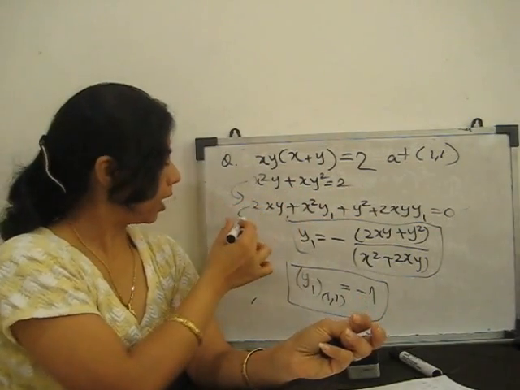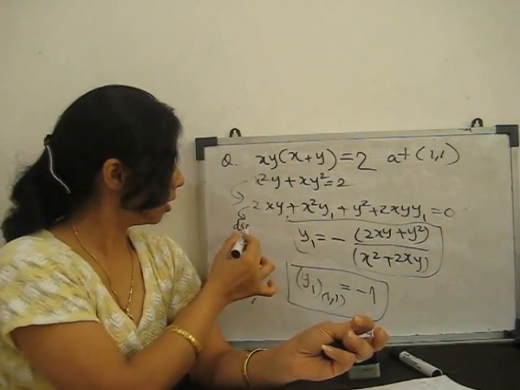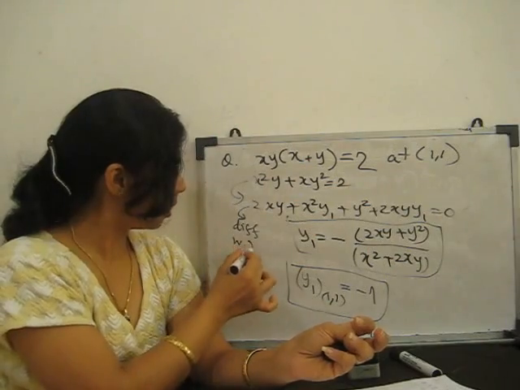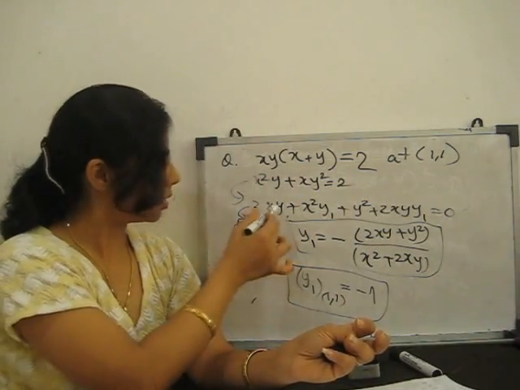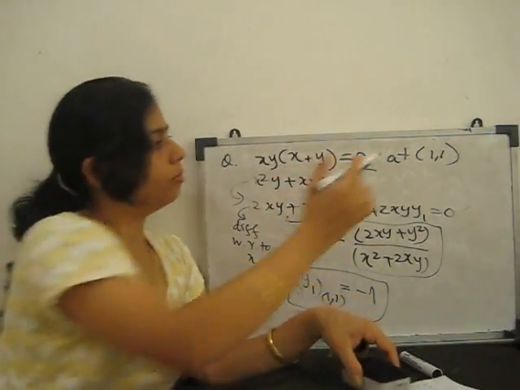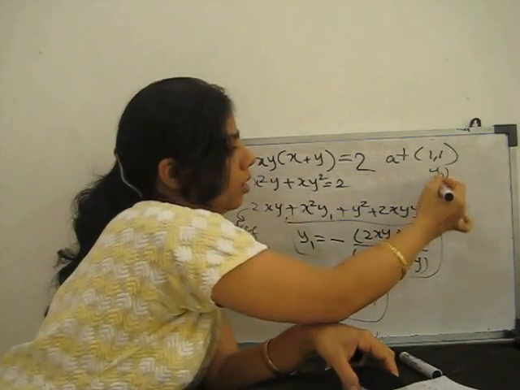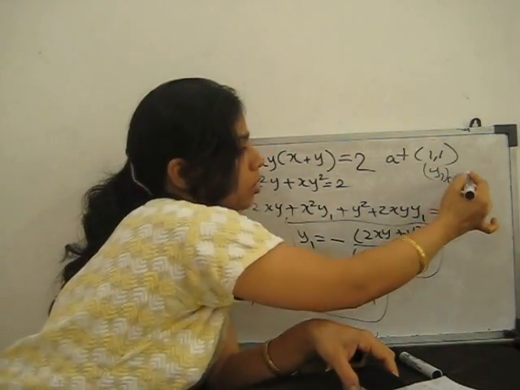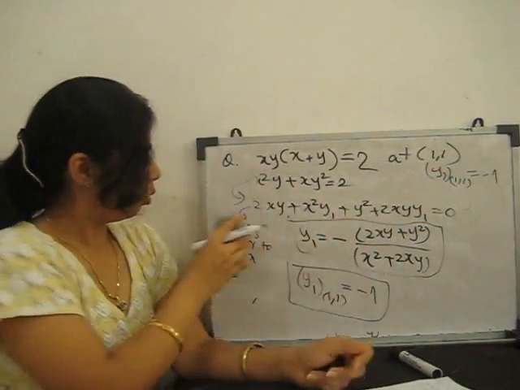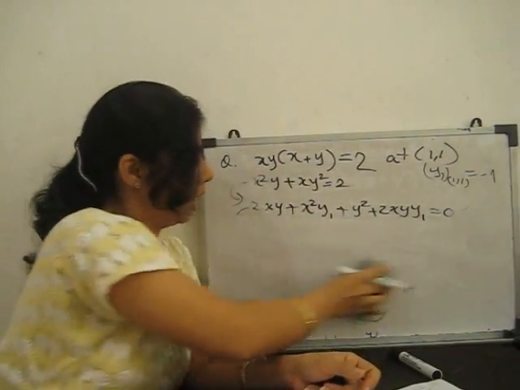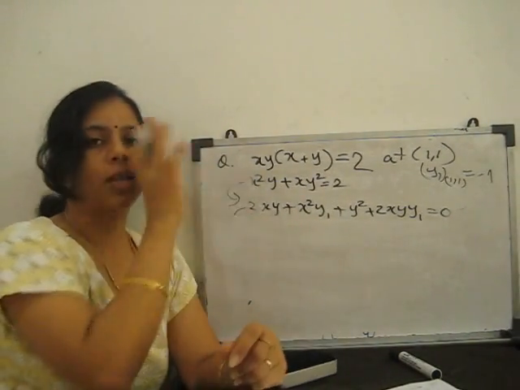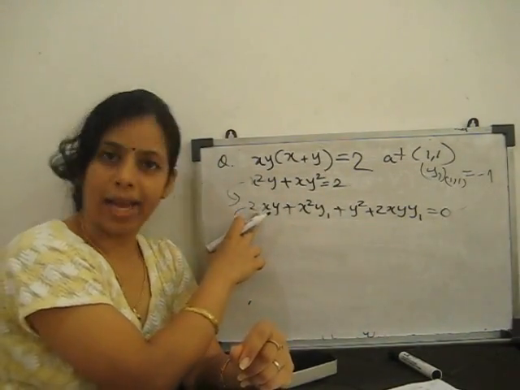For y2 we again differentiate this equation with respect to x, one more time. So I write here y1 at (1, 1) is equal to minus 1. We remove all this and again differentiate with respect to x one time.